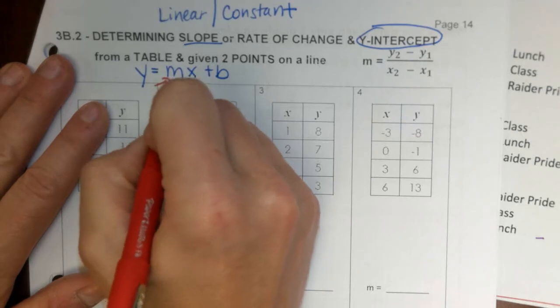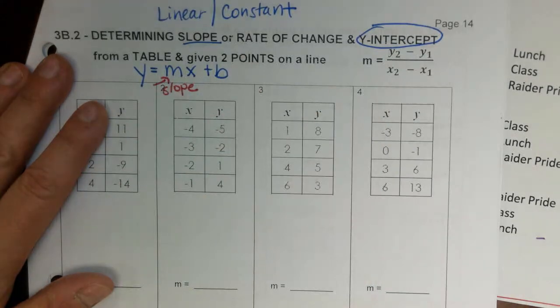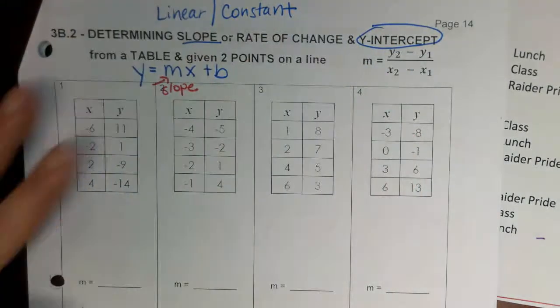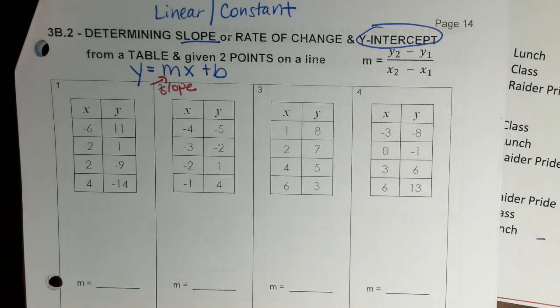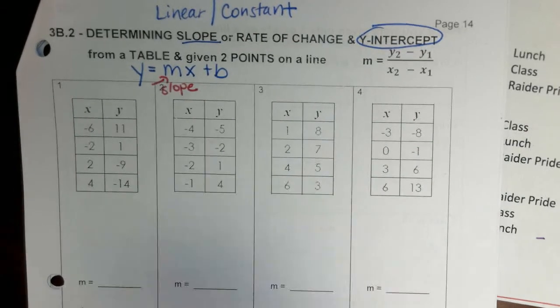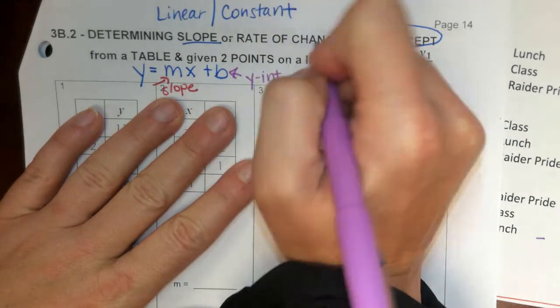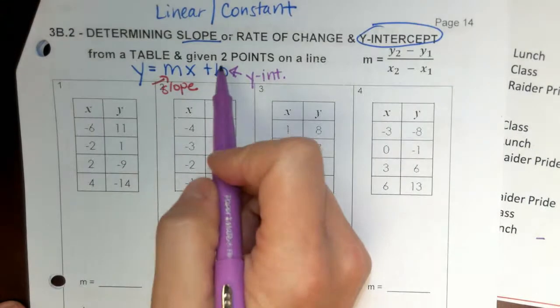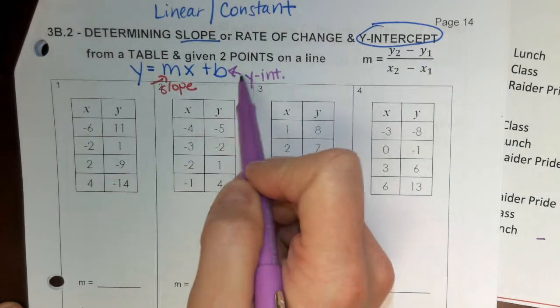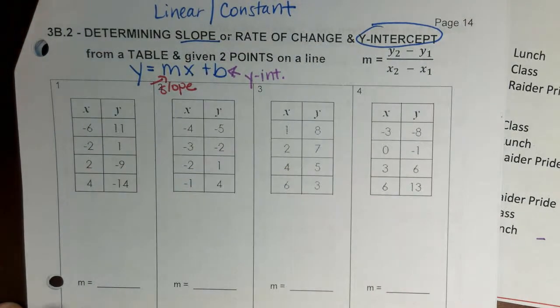That's your m. Okay? And then which part of this formula is your y-intercept? Hopefully you said the b. You're correct. So whatever this number is in your formula, the b, is where it crosses the y-intercept on a graph.